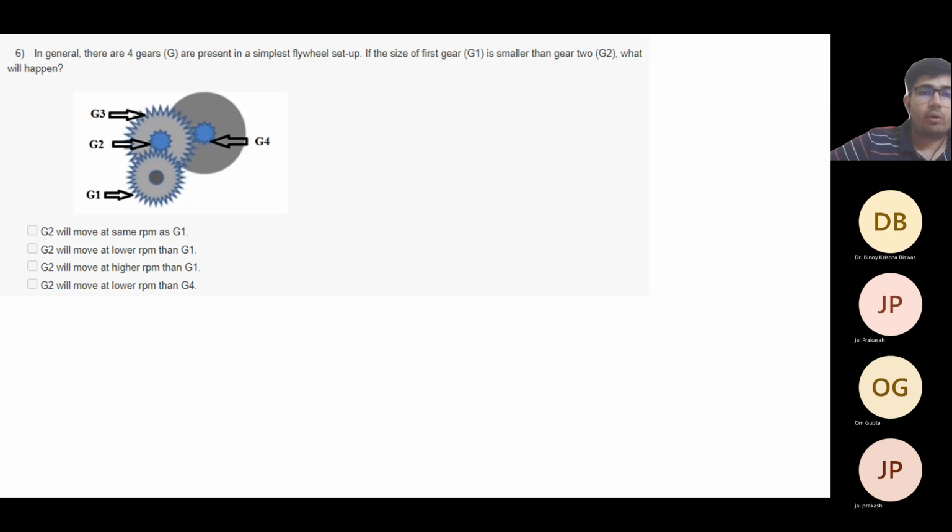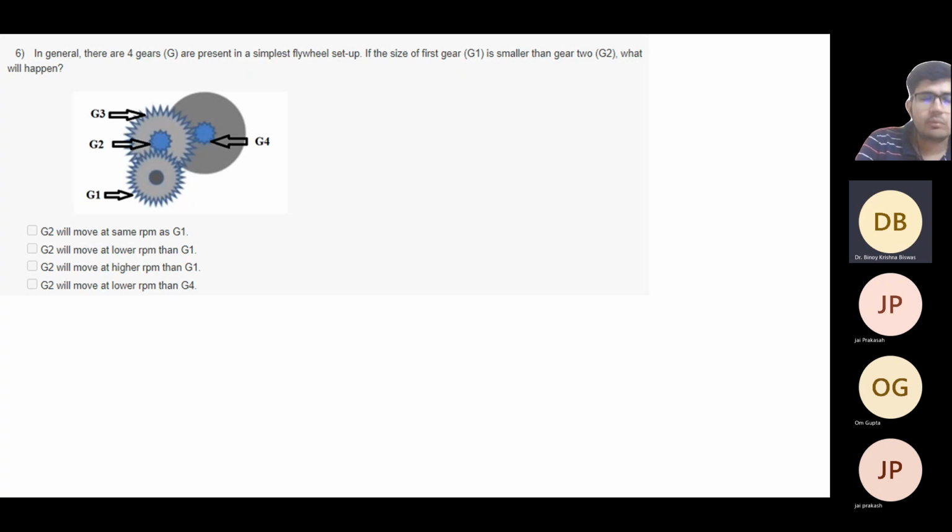Now what about option 4? G2 will move at lower RPM than G4. Now what about this? This is important. Sir, I think that is also right.